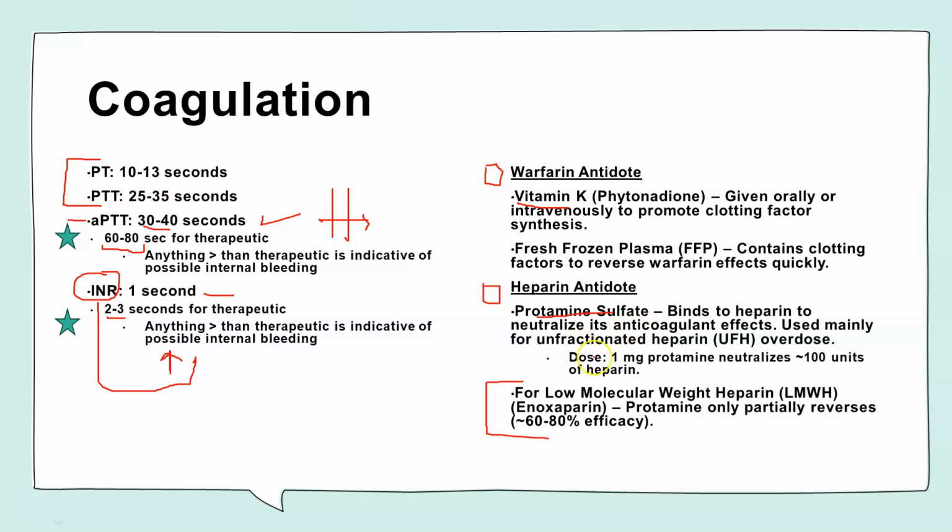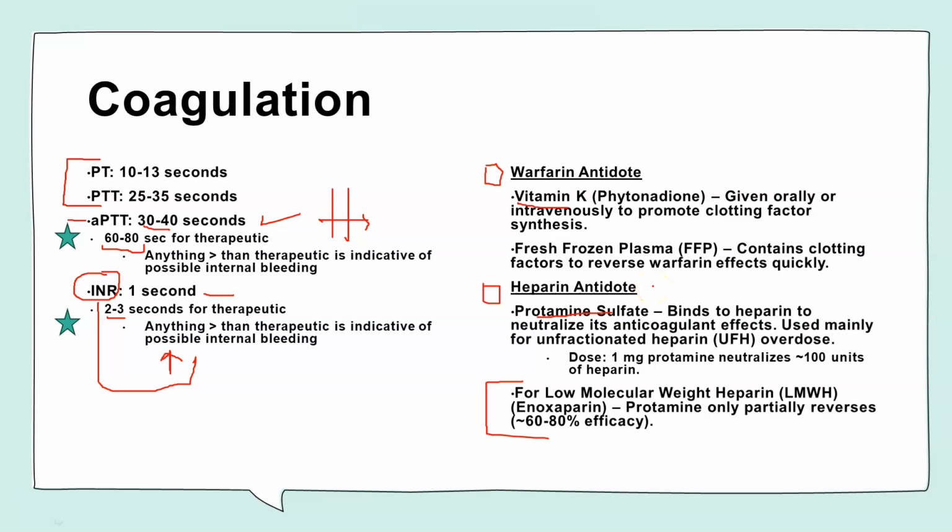So generally speaking, if you have these really extreme numbers, you can give them protamine sulfate. But probably the easiest thing to do for heparin is to stop the infusion for 1 hour and then redraw that PTT.